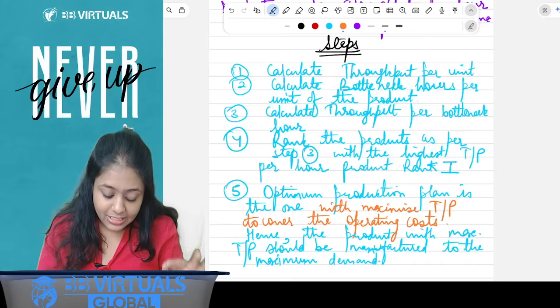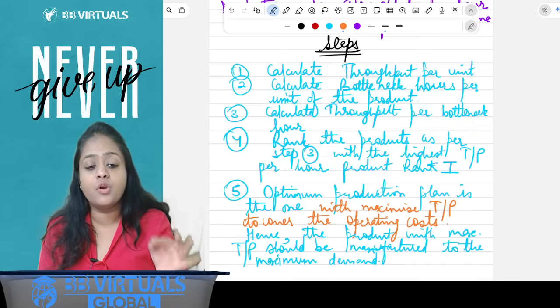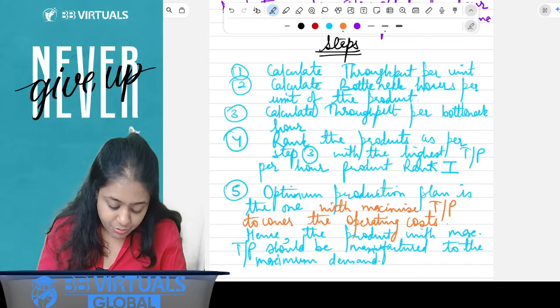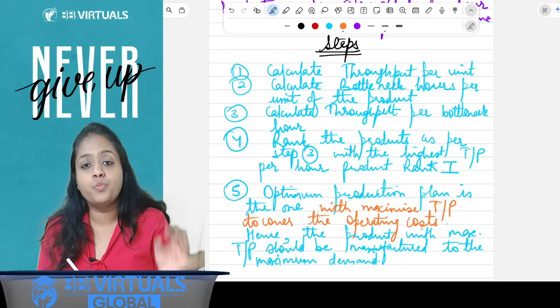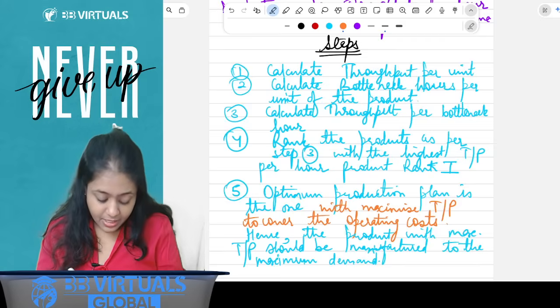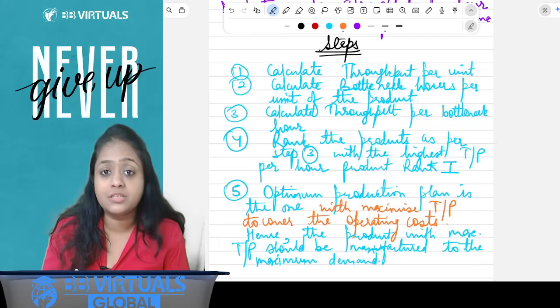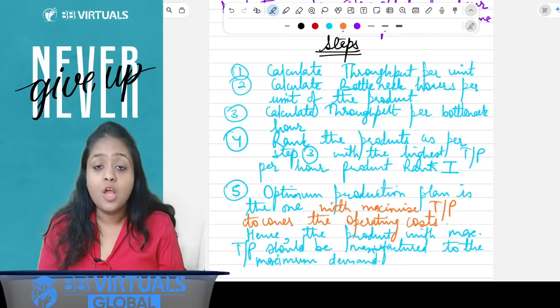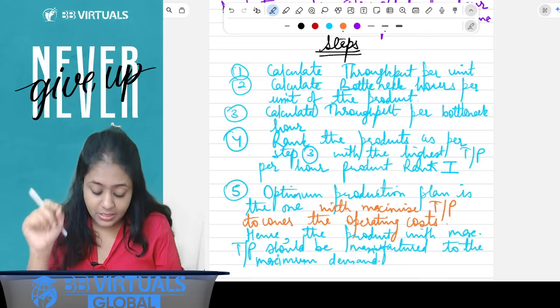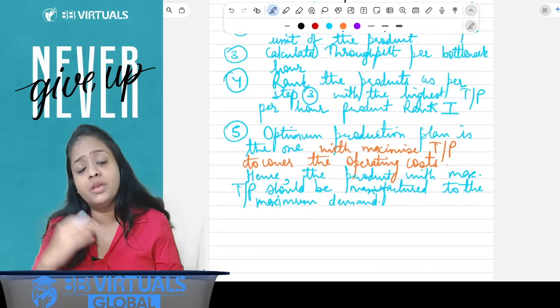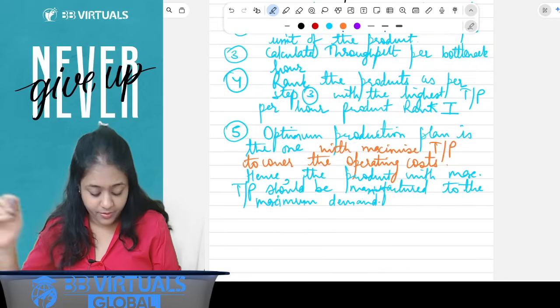Step 2, calculate bottleneck hours per unit of the product. Step 3, calculate throughput per bottleneck hour. Rank the products as per the throughput per bottleneck hour, with rank 1 going to the product with maximum throughput per bottleneck hour. And then you give rank 2, rank 3 and so on.